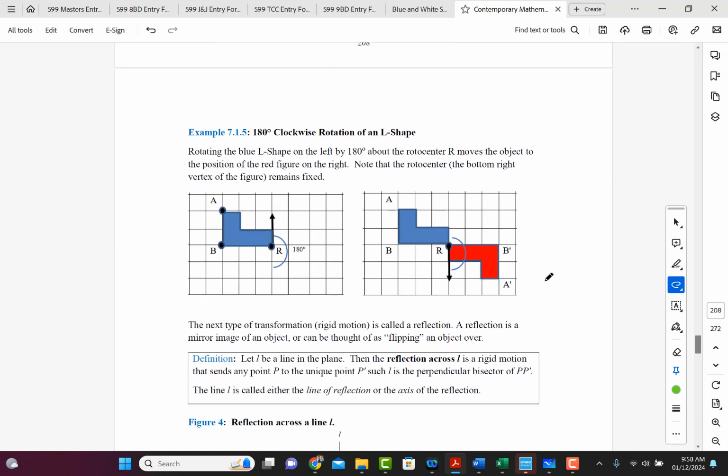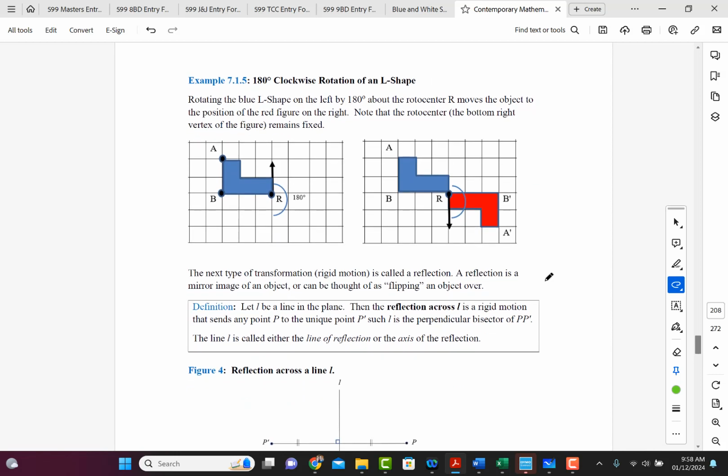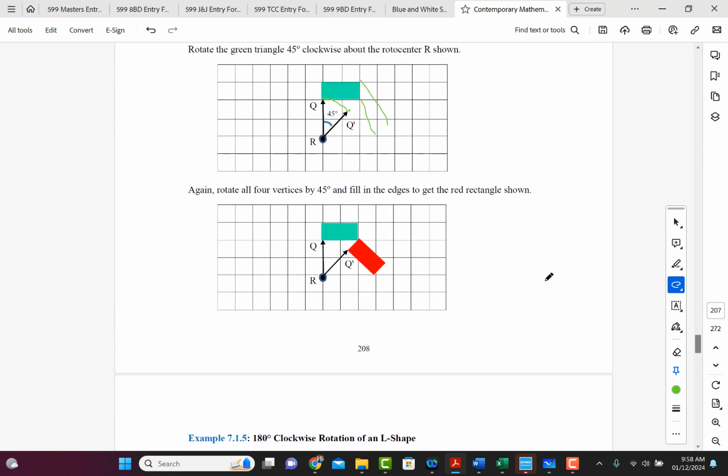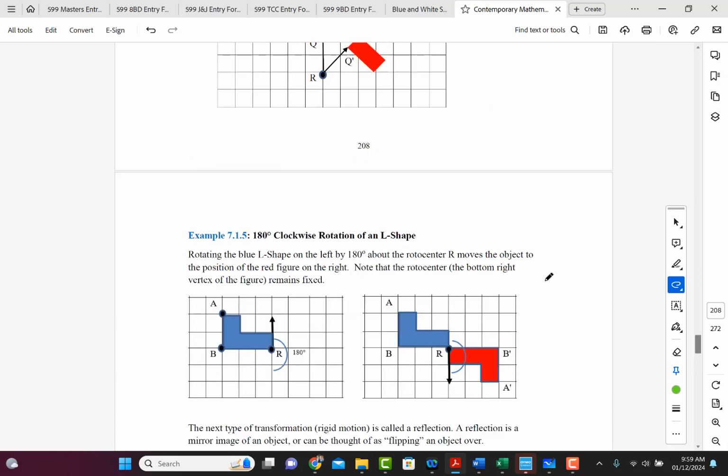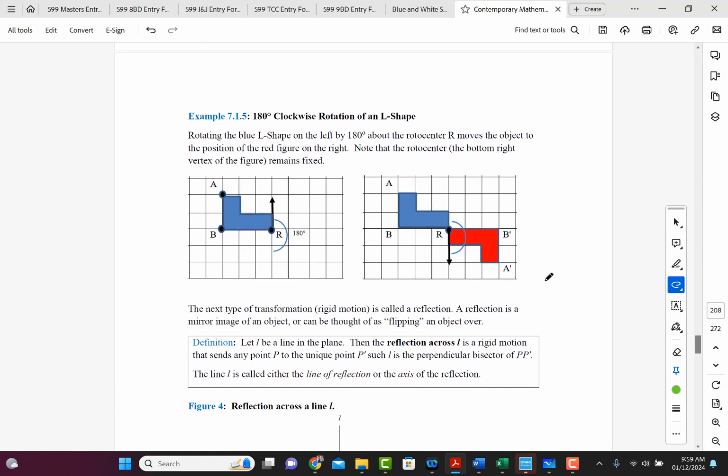Now, what about a 180-degree rotation of an L shape? This is easier, right? Doing a 45-degree rotation is not as easy as doing a 180 or 90-degree rotation, because in a 180-degree rotation, it's easy to find out where the points all go.